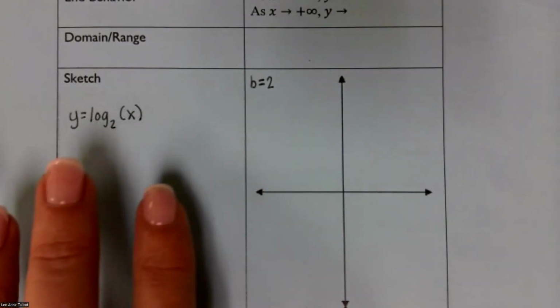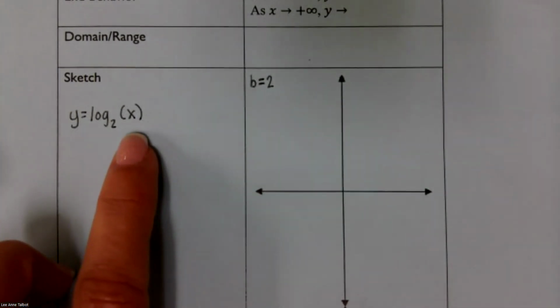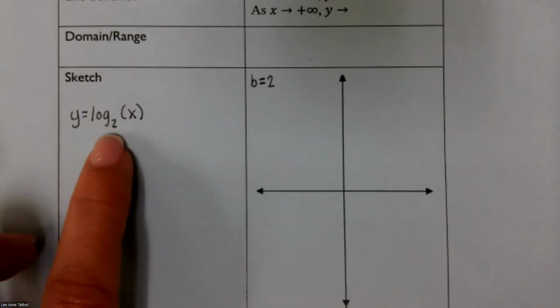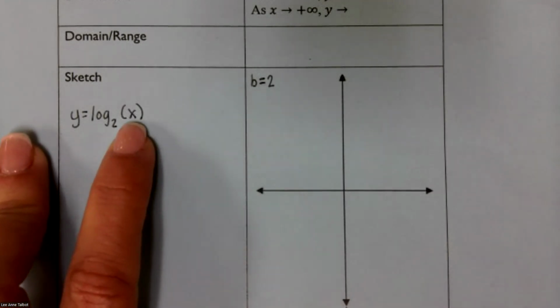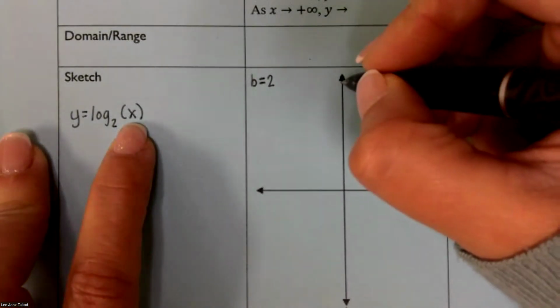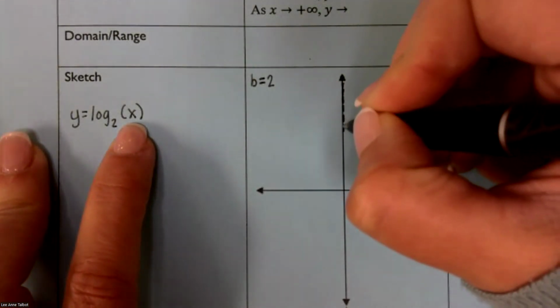And we're going to actually put stuff over here because it's going to be really helpful. This is a parent graph that I've chosen. I chose log base 2. The h is 0, so the asymptote is going to be on the y-axis, which is really hard to draw. So take a minute.